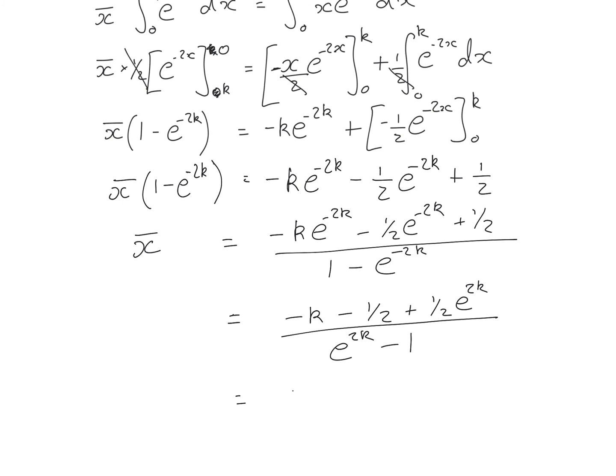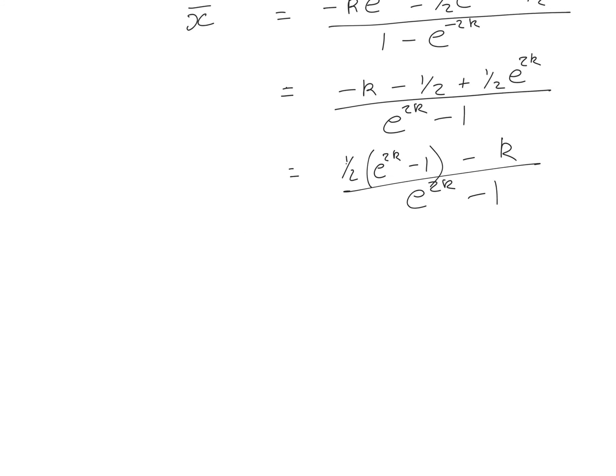So then on the top we've got a half e to the 2k minus 1 minus k all over e to the 2k minus 1. There we go.